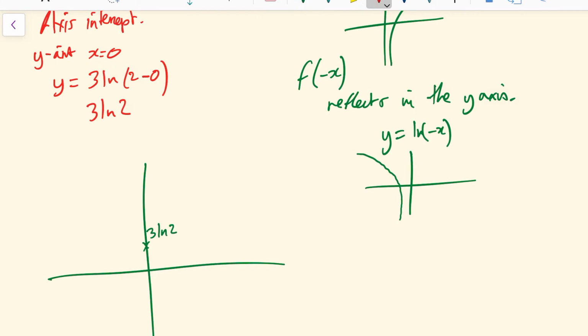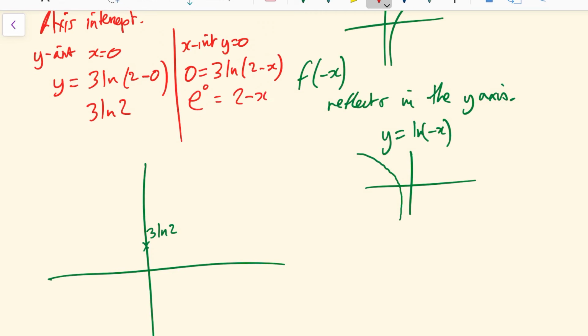Do exactly the same calculation here for our x-intercept, setting y equal to 0, and we get y equals 3 ln of 2 minus x, and when we solve this, we divide by 3, then we do e to the power of, giving this step, anything to the power of 0 is 1, to get to here, and then adding x to both sides and subtracting 1, we get x equals 1, and we can place that right here.